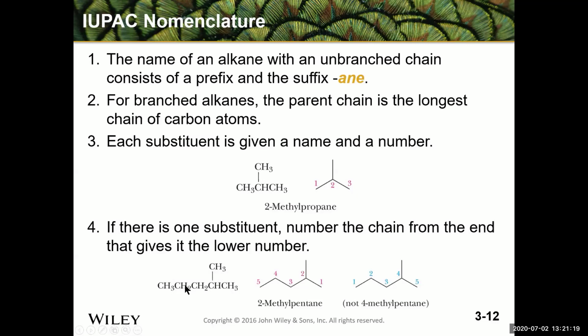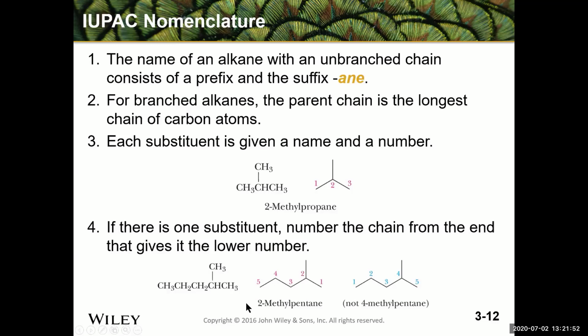This compound here also has one substituent, but you may ask yourself, do we number the carbons with the 1 here, or do we number the 1 here? Okay, so if we started at this end, 1, 2, 3, 4, 5, then we would give the name 2-methylpentane.